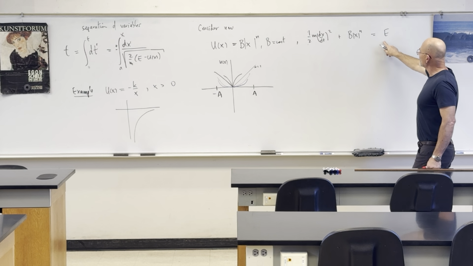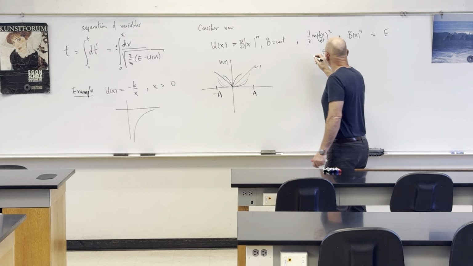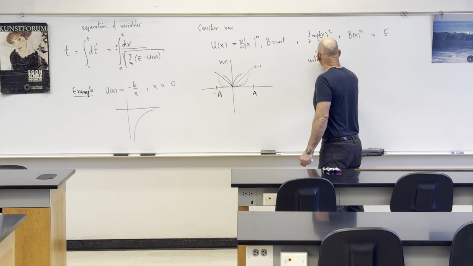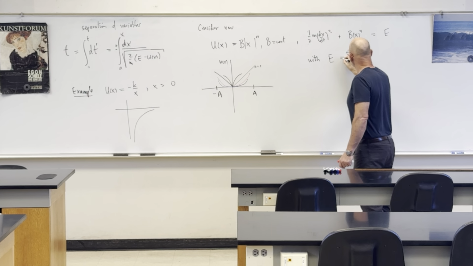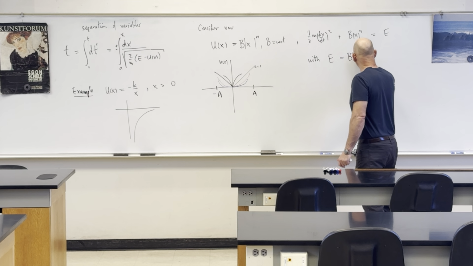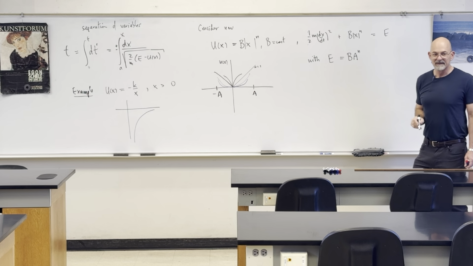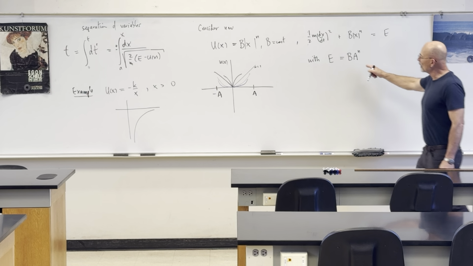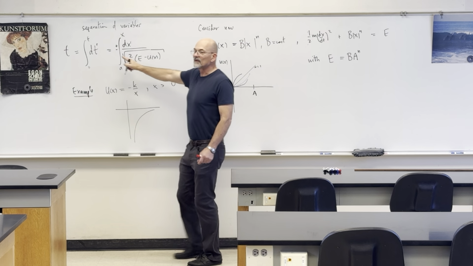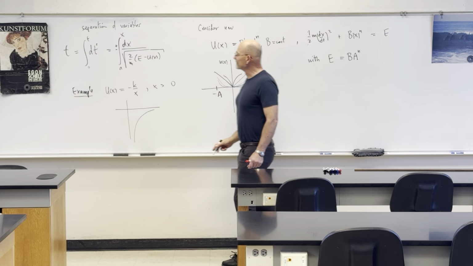But what this allows us to do is get a value for the e. So e is equal to b times a to the n, a for amplitude. And what we're going to do is go into this integral with those values now.